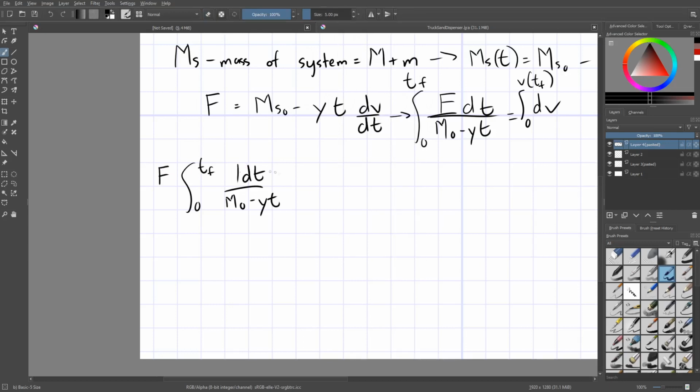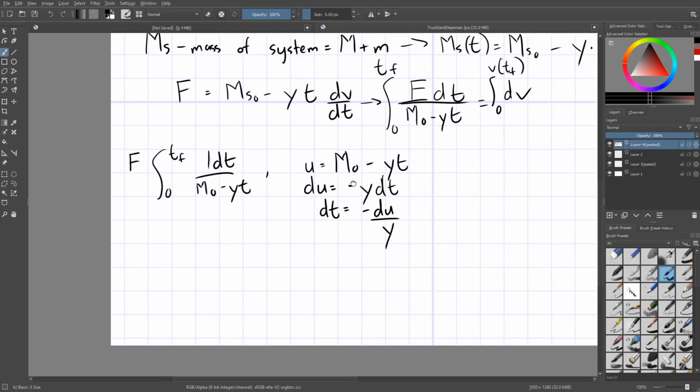Next I'm going to say that u equals m naught minus gamma t, du equals negative gamma dt. Therefore, dt equals negative du over gamma. I'll make these substitutions real quick.